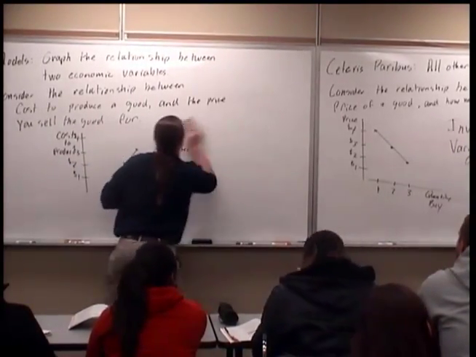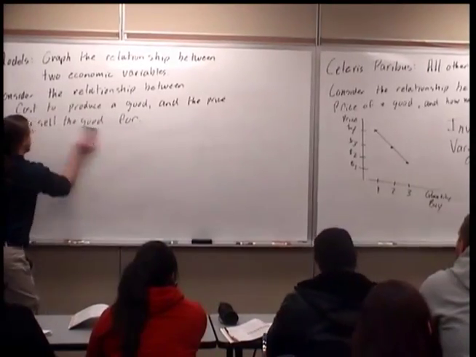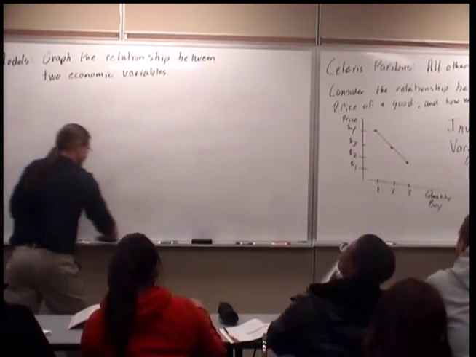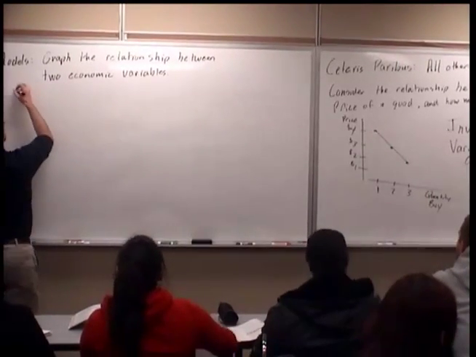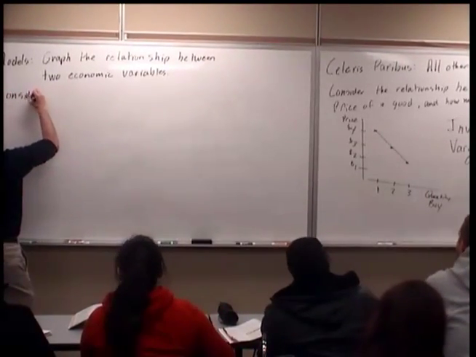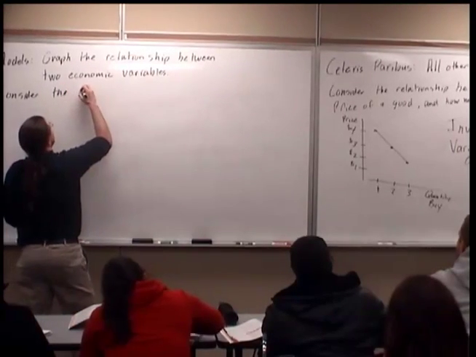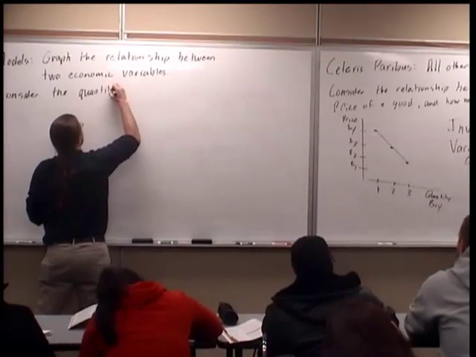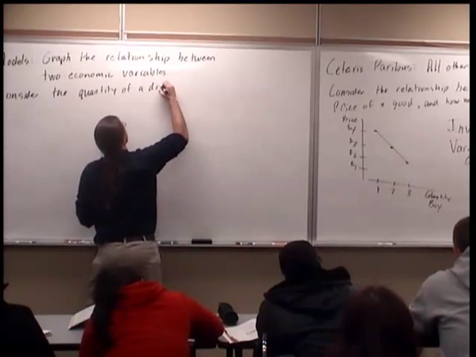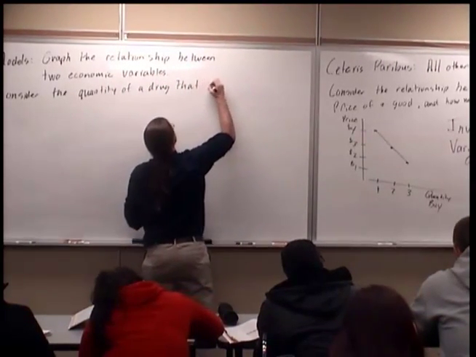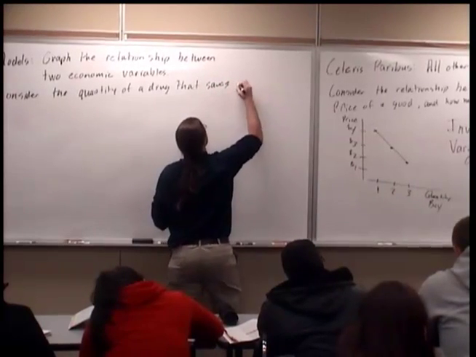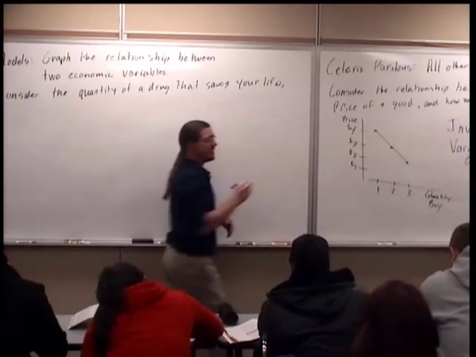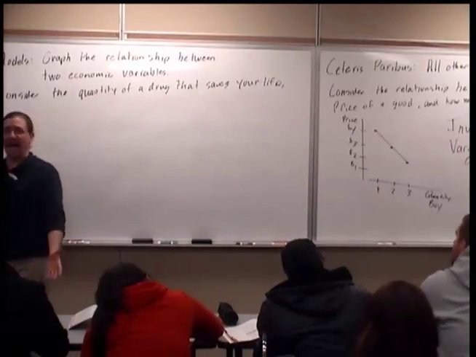Okay, so let's try one more. So this time, let's consider the relationship between the quantity of a drug that saves your life, i.e. you have some disease where if you don't take this drug once a month, you die.